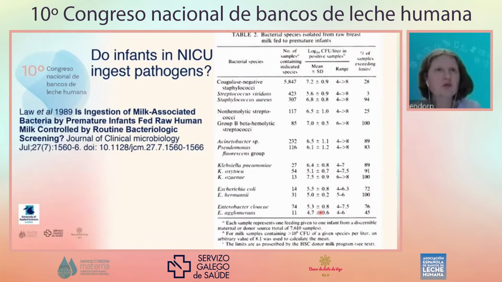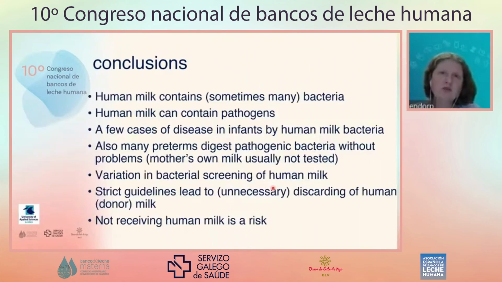I'm going to skip this graph because I'm already over time, but this is just showing that there are all kinds of pathogens that they find. So I come to my conclusions. We can see that human milk sometimes contains many bacteria, and in some women it's higher than in others.